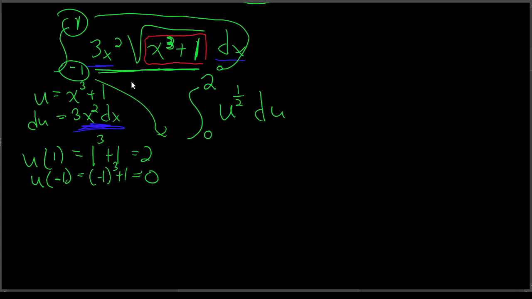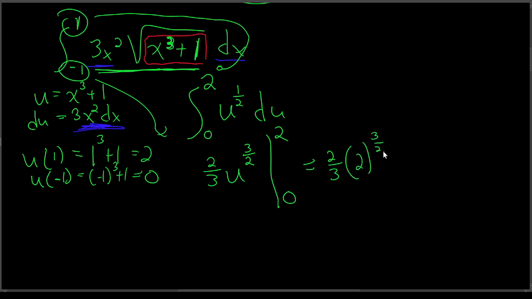And now I've remapped this definite integral from x space to u space, and I can now use a power rule. So this would be u to the 3/2 times 2/3. And now I don't need a plus c. I can evaluate this from 0 to 2. And so in evaluating that, I'm going to look at 2/3, 2 to the 3/2 power, minus 2/3, 0 to the 3/2 power.